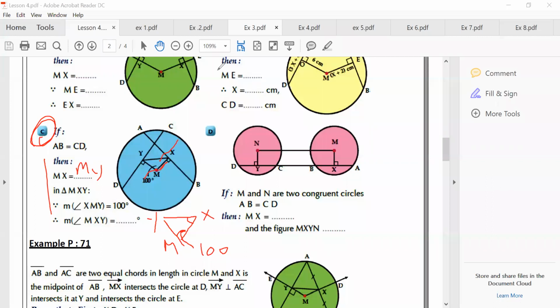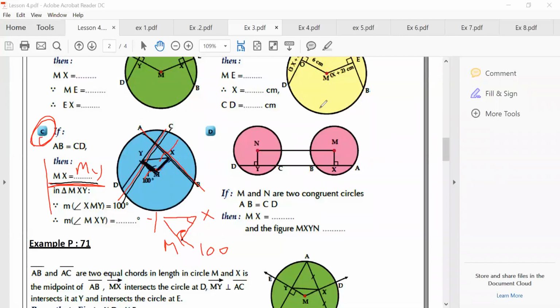Yes, 40. Why? Because this is an isosceles triangle. ليه؟ Because we have just said that the two chords are equal. When the two chords are equal, then the small parts MX and MY are equal also, right? Since AB as a chord equals CD as a chord, then MX equal to MY.